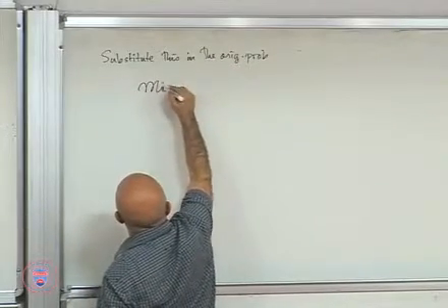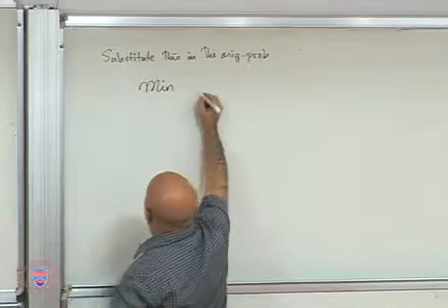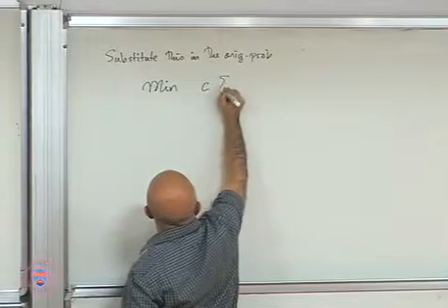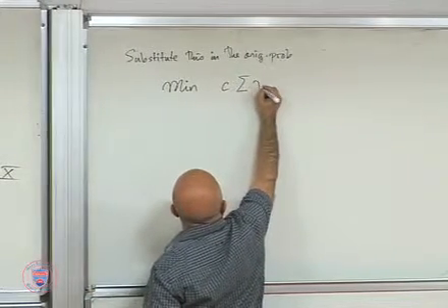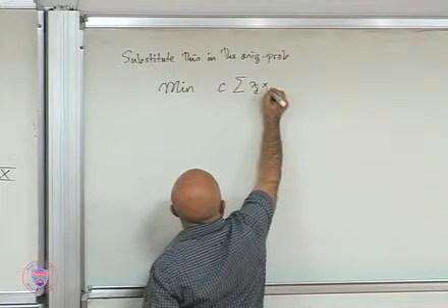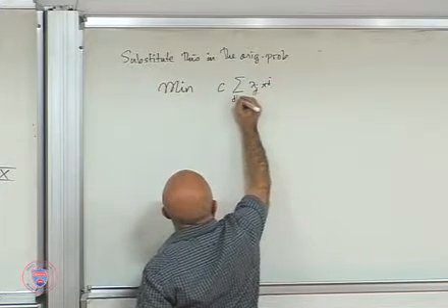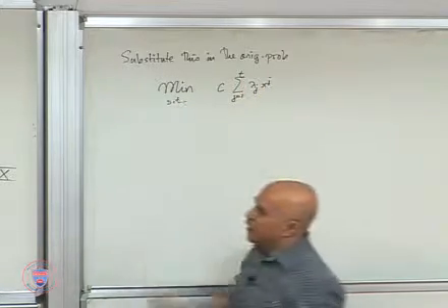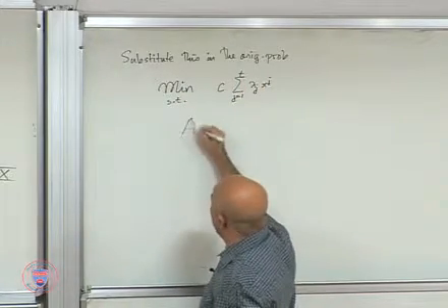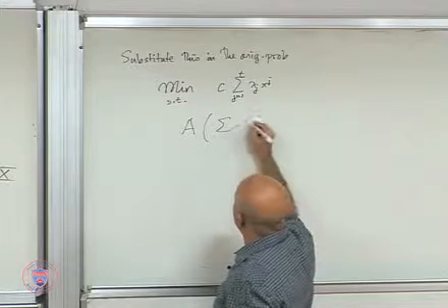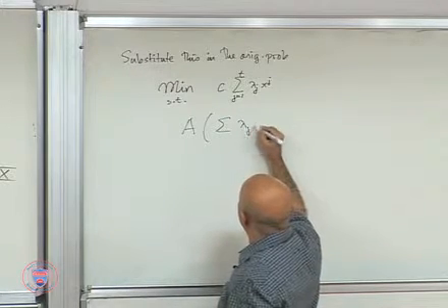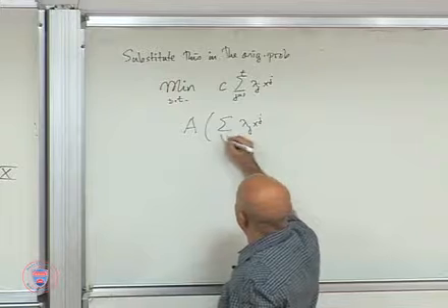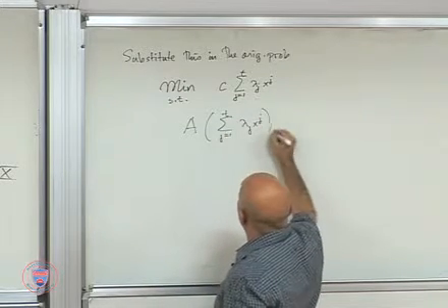So we want to minimize Cx, which now becomes C times the sum of lambda j xj, subject to Ax equals b, which becomes A times the sum of lambda j xj equals b.